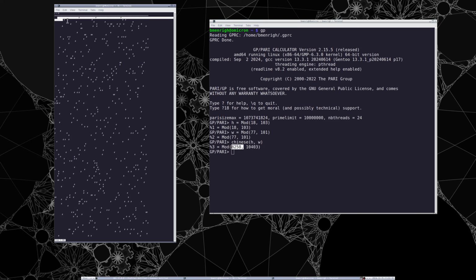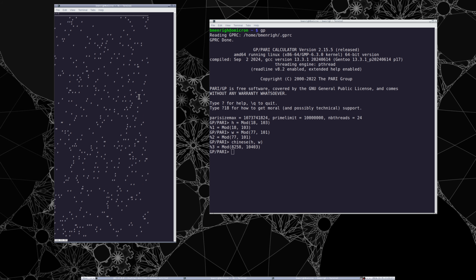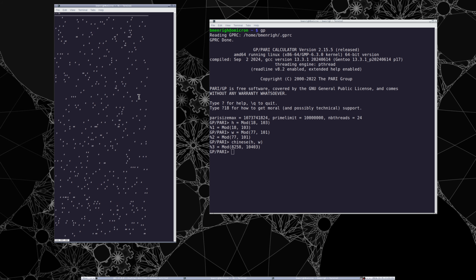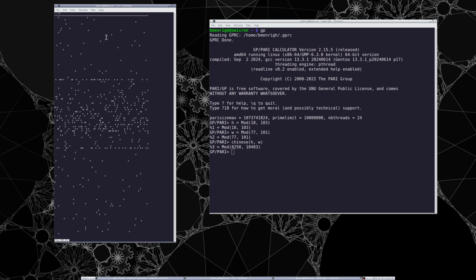Because if you just measure the x component of all of these robots, it's pretty uniform. So you would expect that the structure you're looking for, if it's going to make a picture, is going to be somewhat non-uniform.